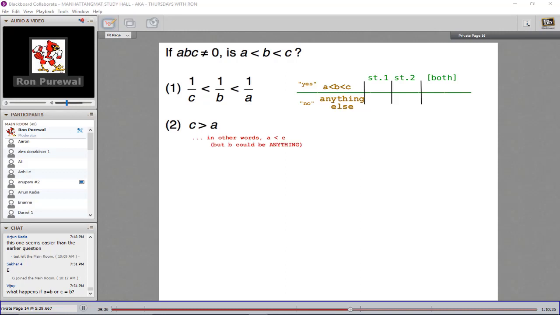So given that, it's definitely possible that B is between them, and it's also possible for it to not be between them. So we just don't know.